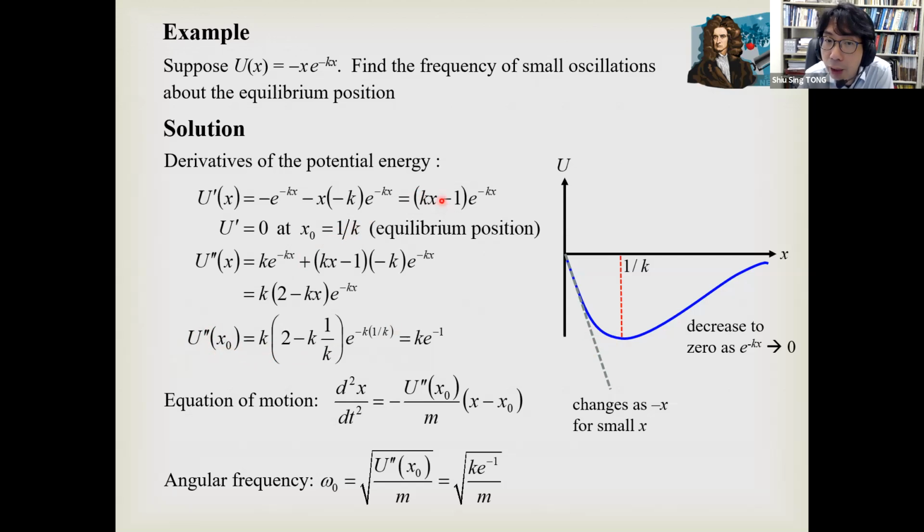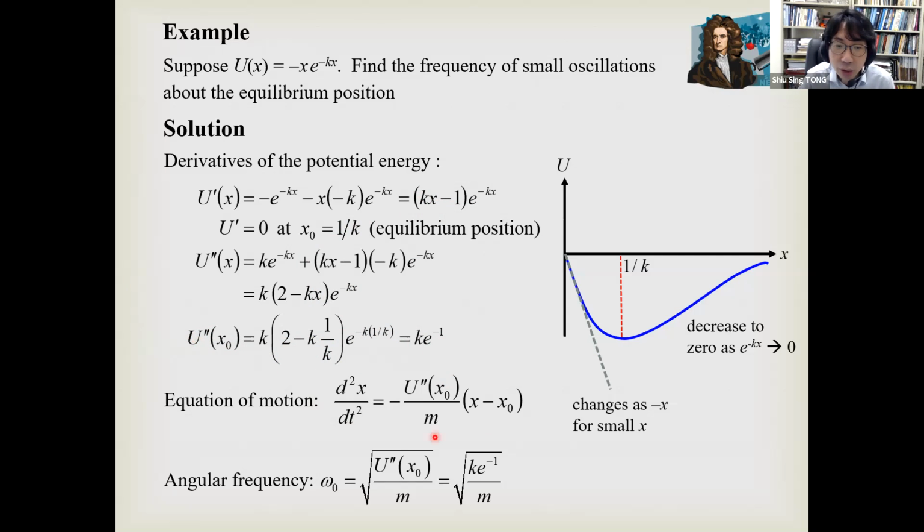I put x equal to 1 over k, and the x in the exponential I also put as 1 over k. So this 2 minus 1 is 1, and this is e to the power minus 1. So I get k e to the power minus 1. This is my second derivative.